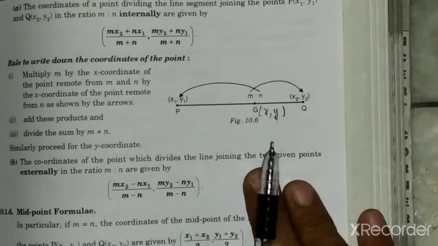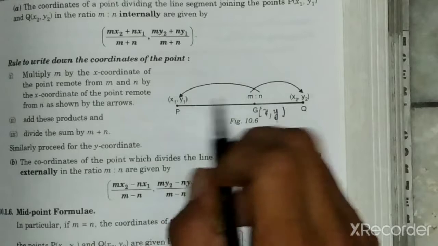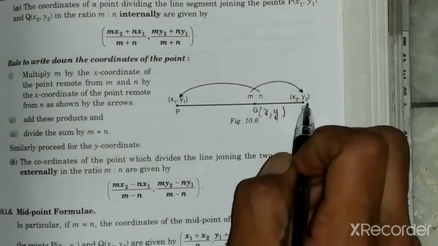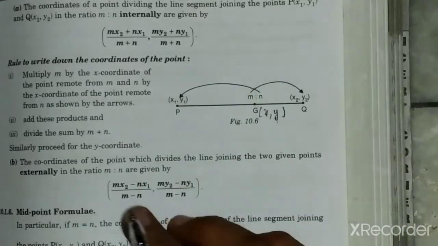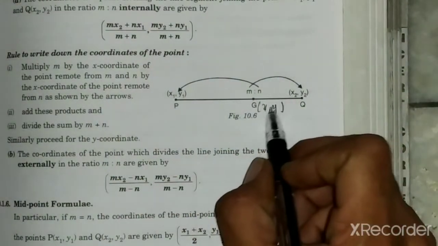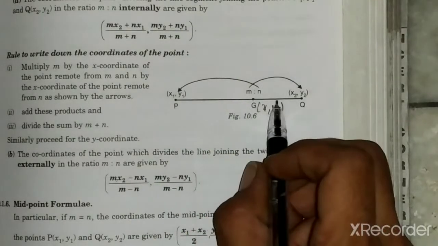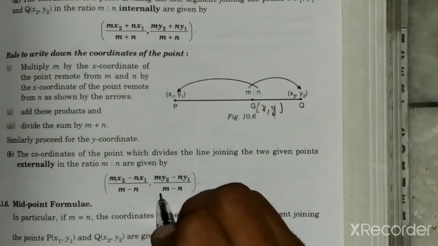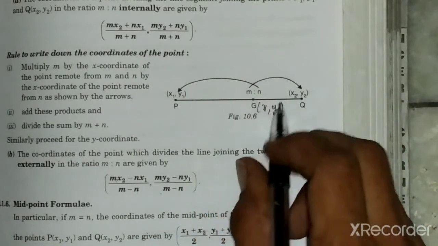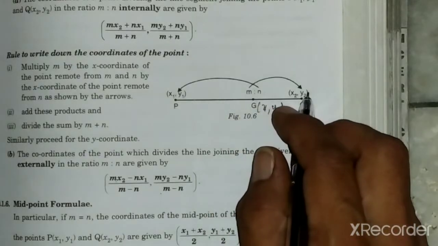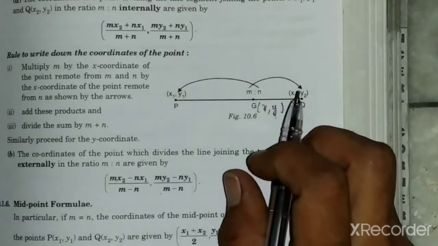But if the point G cuts the line joining PQ externally, then the section formula will be: the x coordinate can be found by (m x2 minus n x1) upon (m minus n), and similarly the y coordinate of the point G will be (m y2 minus n y1) upon (m minus n).